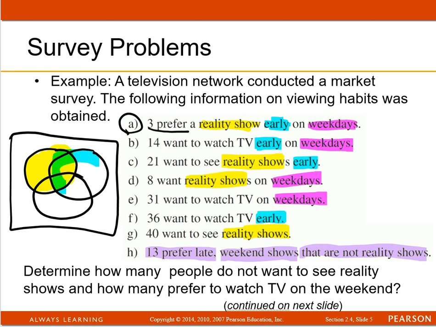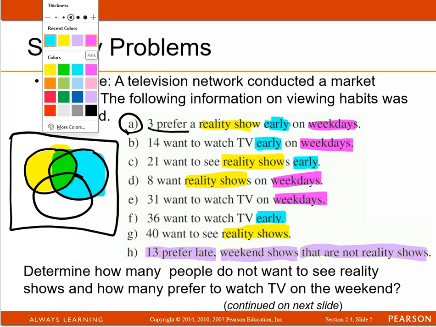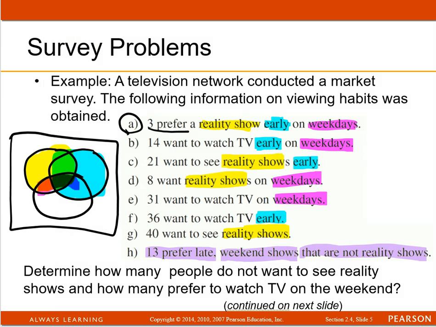Any shows that are on early are here. And then all the reality TV shows are there. And so where all 3 of those intersect is dead in the center. It'd be that triangular piece in the middle. That's where all 3 circles intersect.